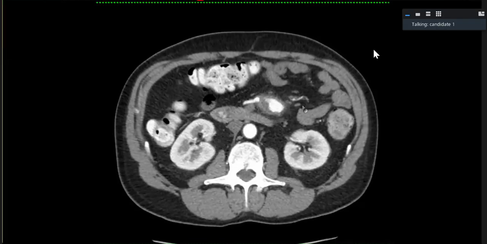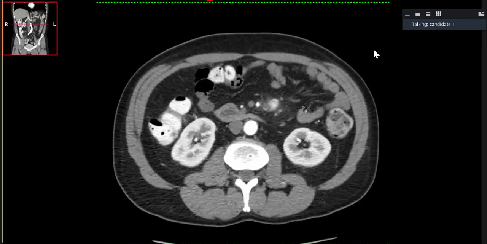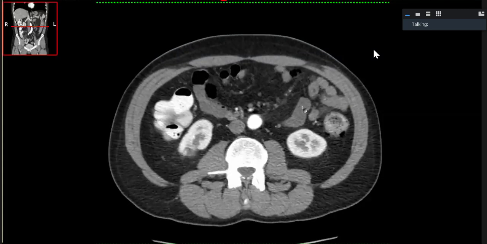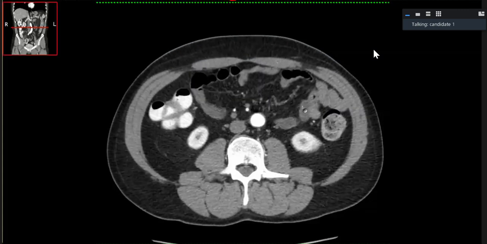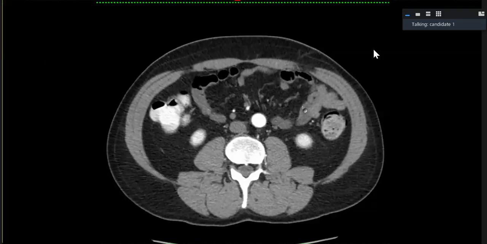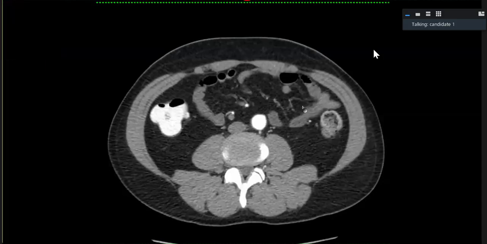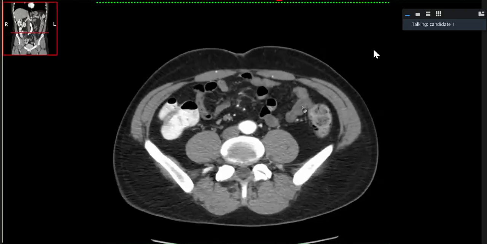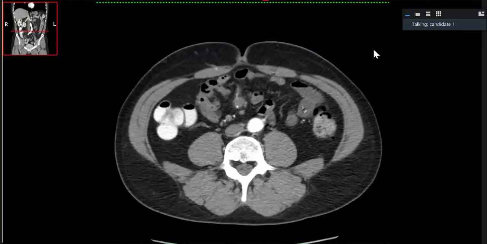The left. Okay. Both kidneys are seen normal, no obvious lesion seen.